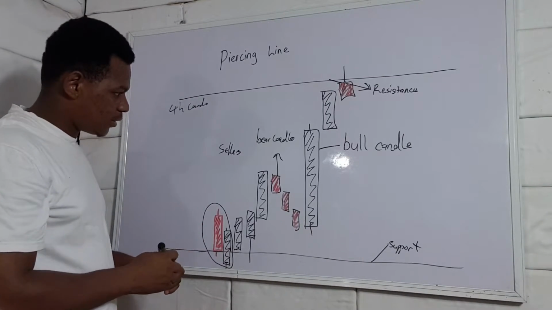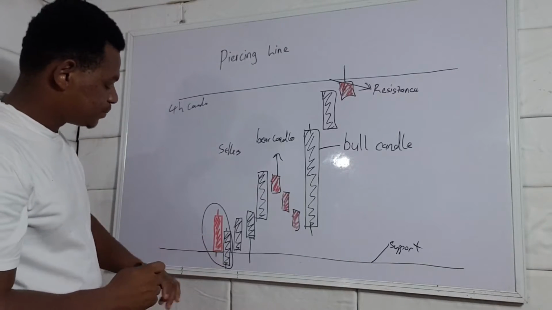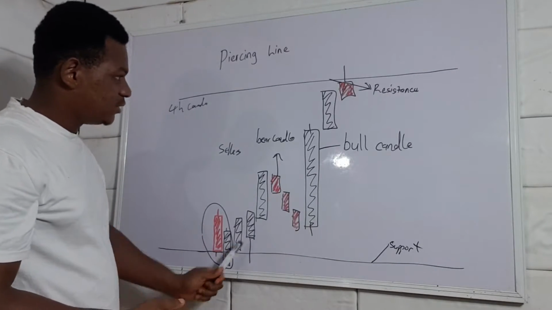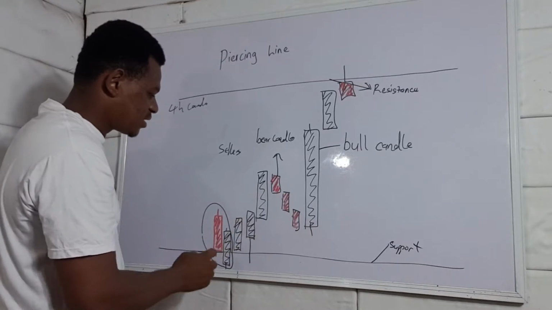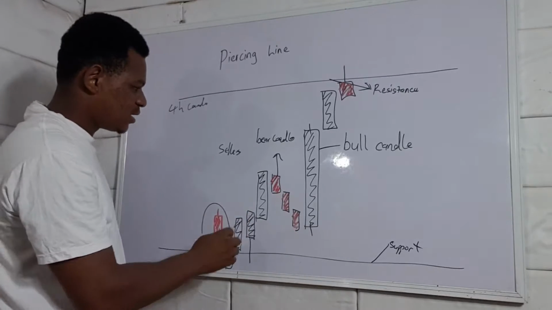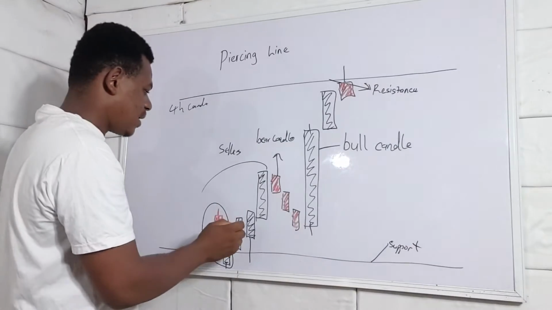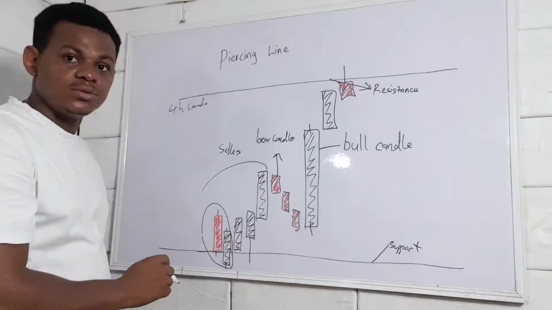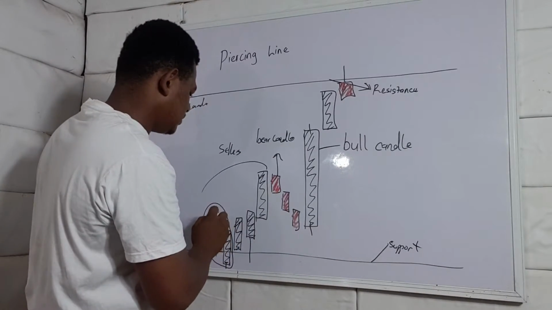Now we have the Pearson line. What did this Pearson line do? Look at the way it pushed up, formed a bullish candle, another bullish candle, and another. Now it has closed above this red candle, then came back and retested it.